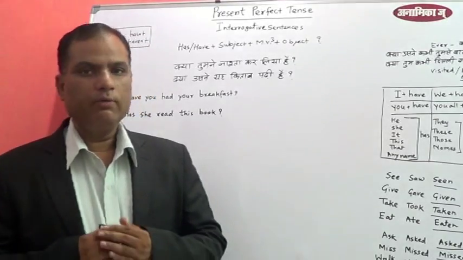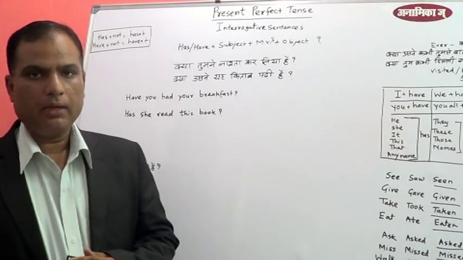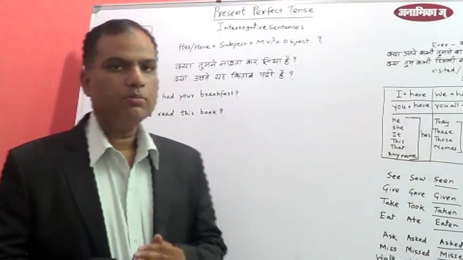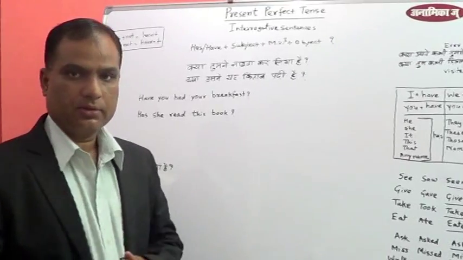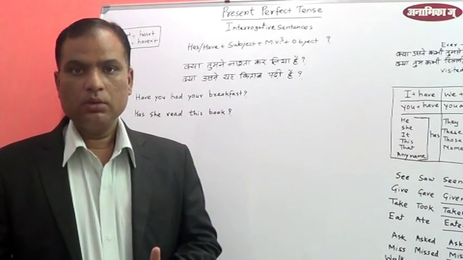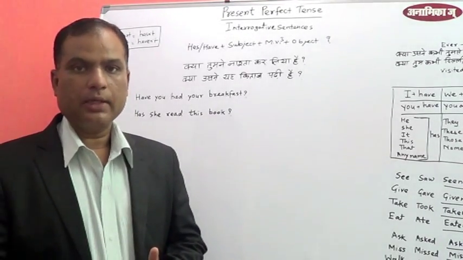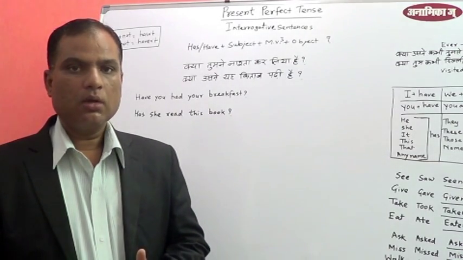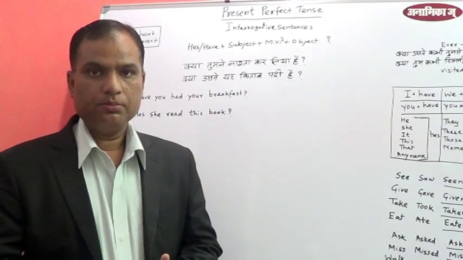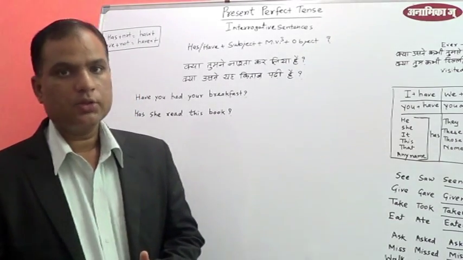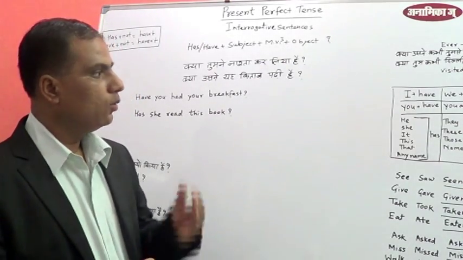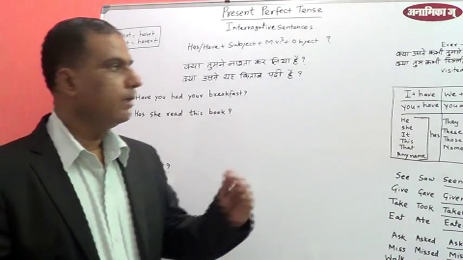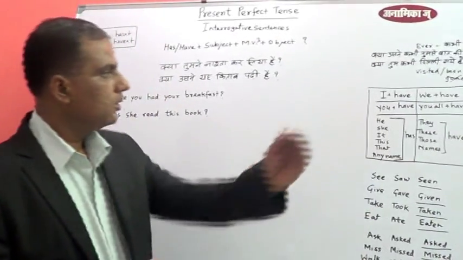So now we will see how to frame questions in present perfect tense. As you know that in this tense we use have and has as a helping verb. Let's just have a look at when to use have and when to use has.